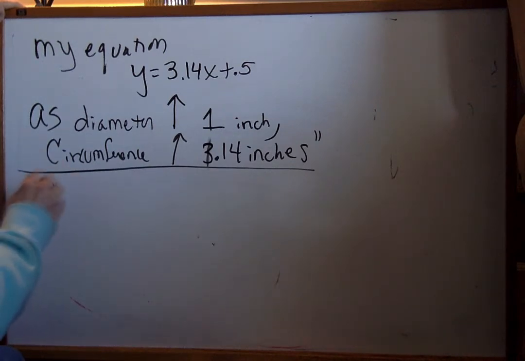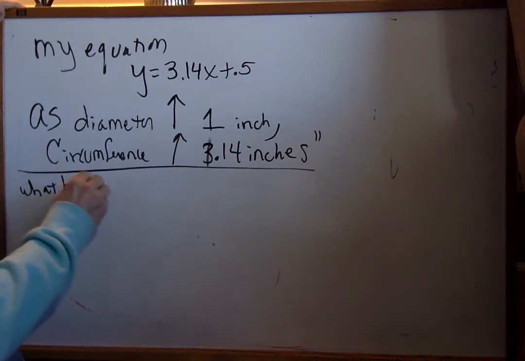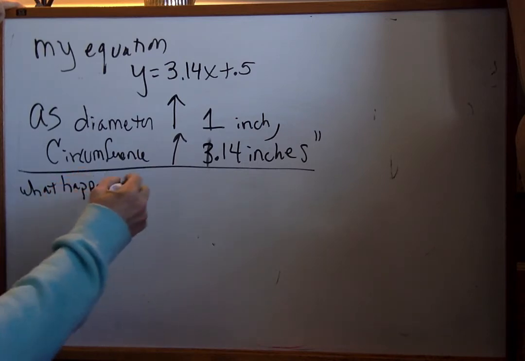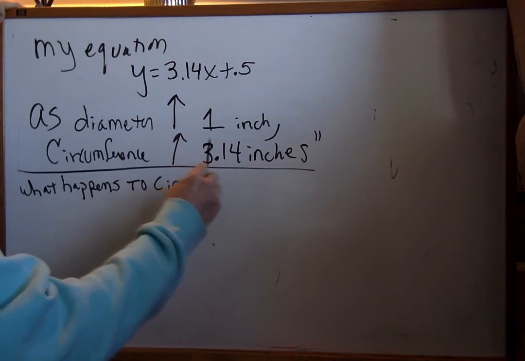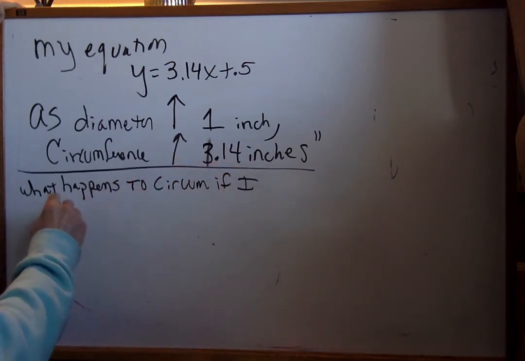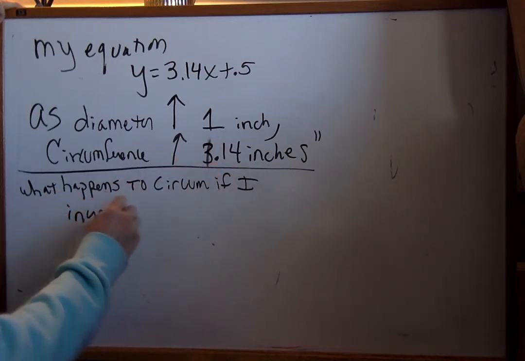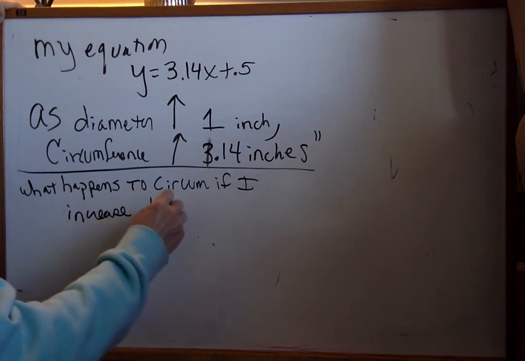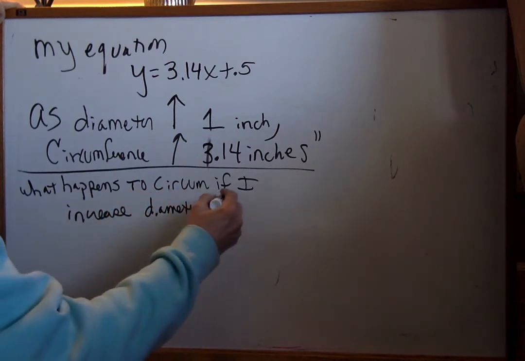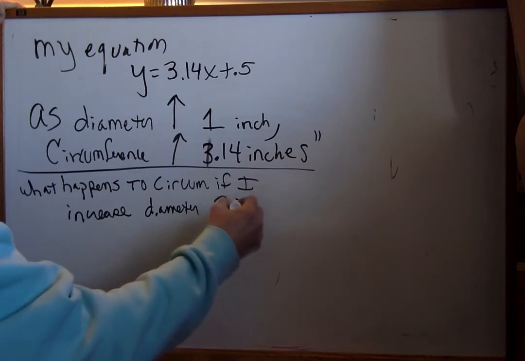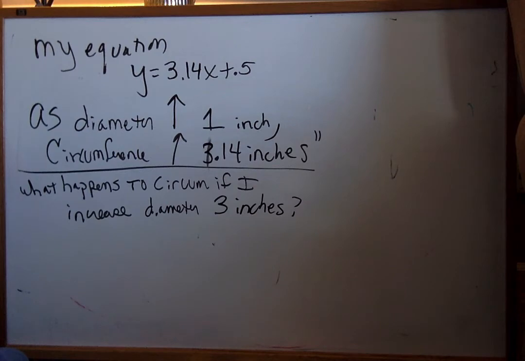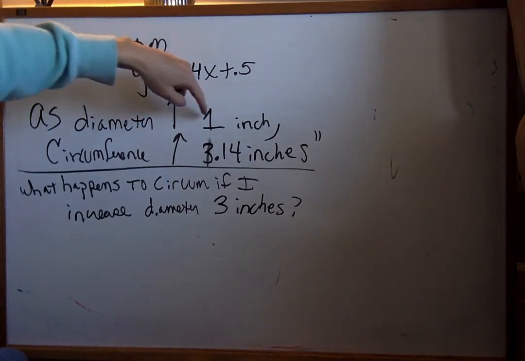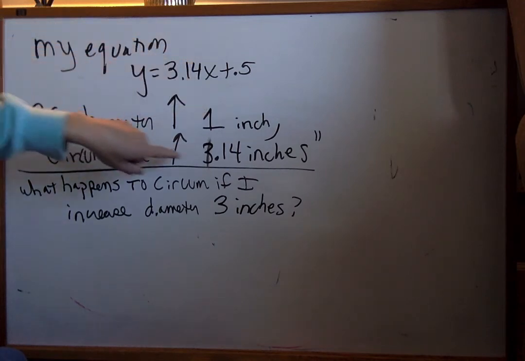What happens to circumference if I increase diameter 3 inches? I'm trying to keep to what's on my notes. Well, increasing diameter 1 inch increases circumference 3.14.